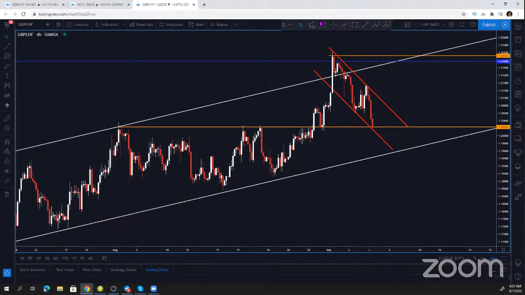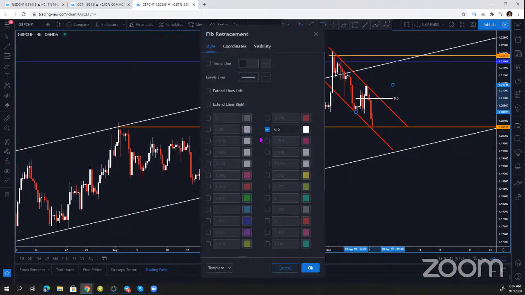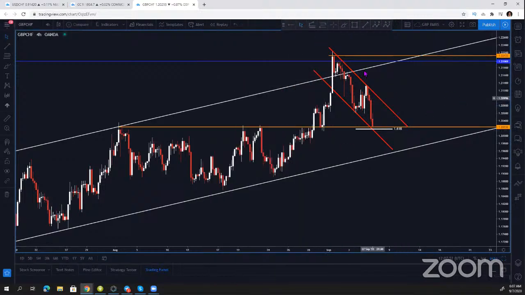But let's have a look at those bearish targets on the flag, because I don't know if you know this, but you can actually calculate, or you should be calculating, the last leg of a three-wave flag.